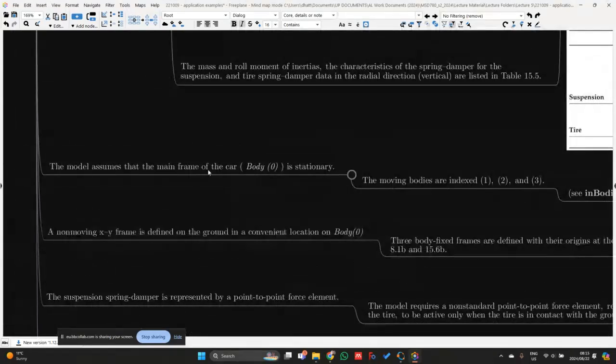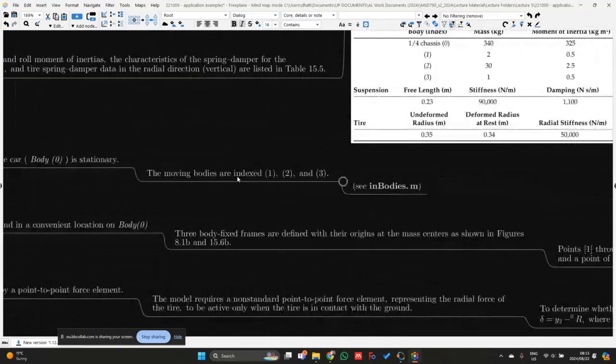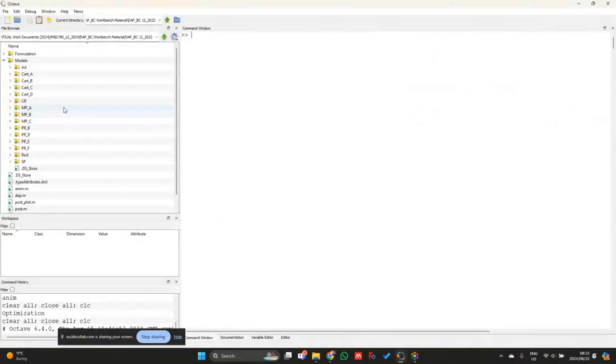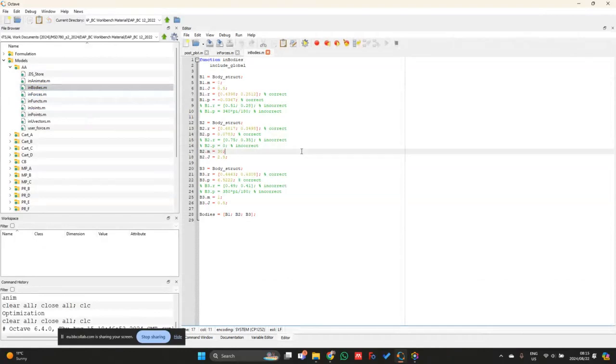So the model assumes that the main frame of the car, or body 0, is stationary. So the moving bodies are indexed as 1, 2, and 3. And we can have a look at how this is defined in inbodies. So if I head back to Octave, we have double A over here. This is just the double A arm suspension, and we first want to look at inbodies.m.